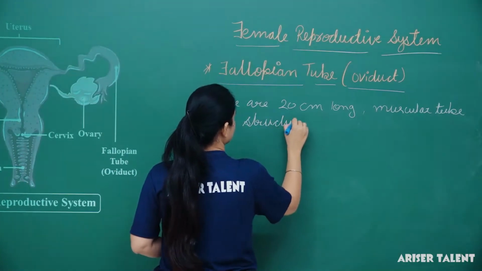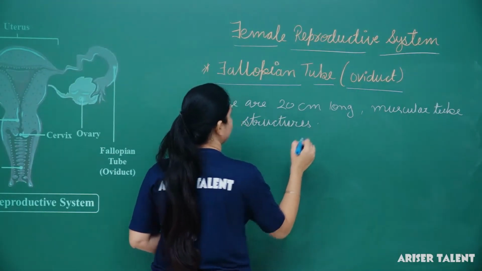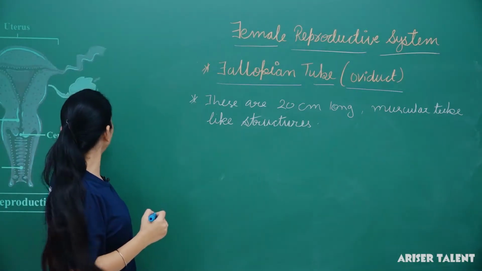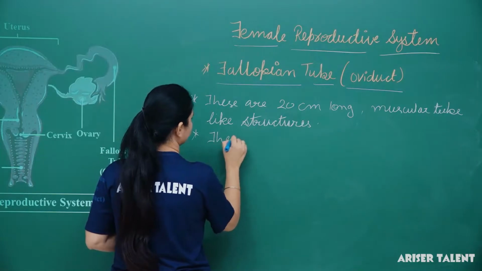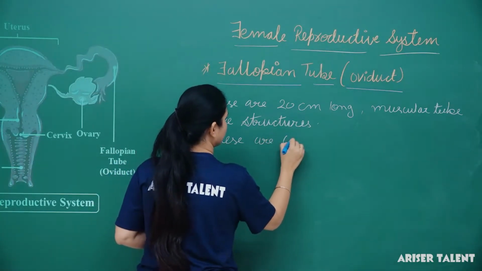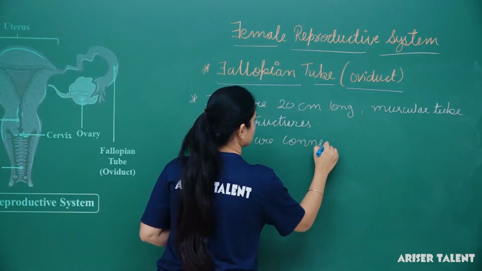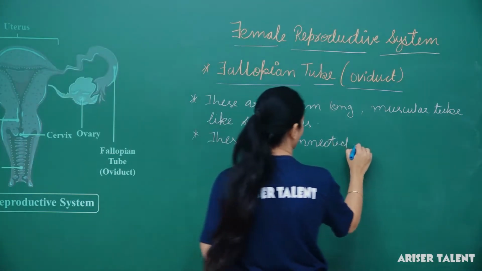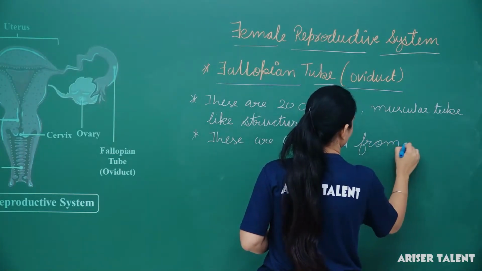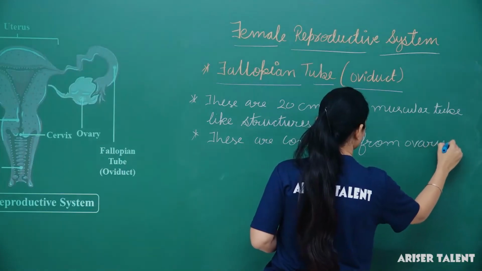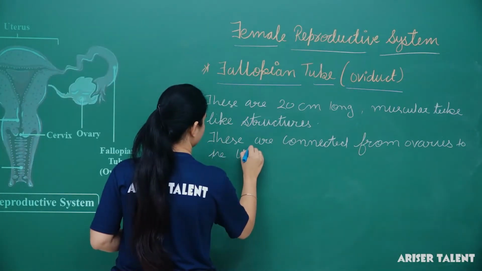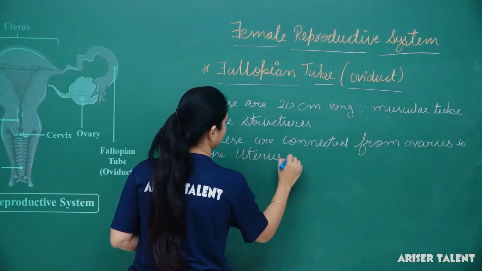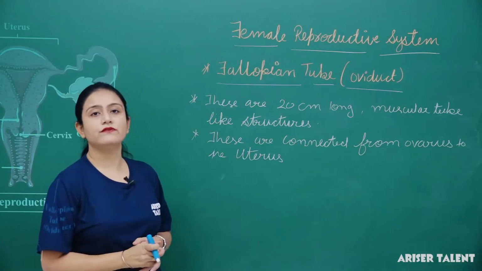Generally these are connected from the ovary to the uterus. Now, what is the function of this fallopian tube?